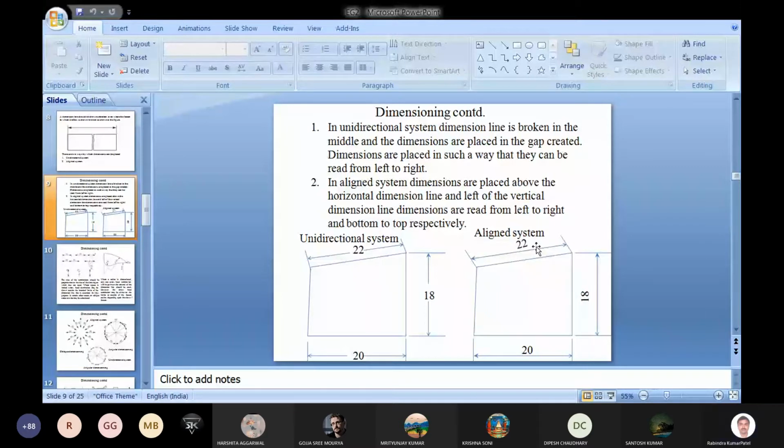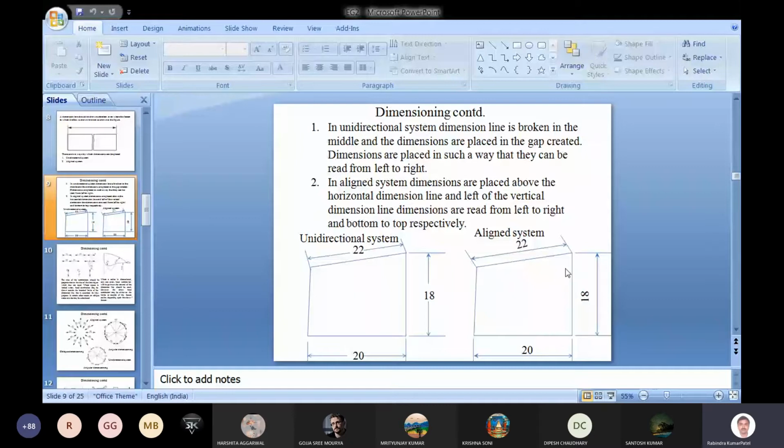So all three dimensions in the case of the aligned system, you can see they are read for the horizontal case from left to right, for the vertical case from bottom to top, and for the inclined case also from left to right.